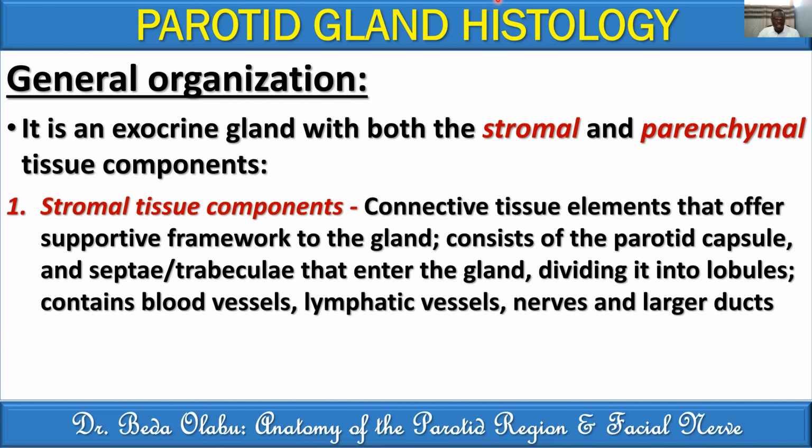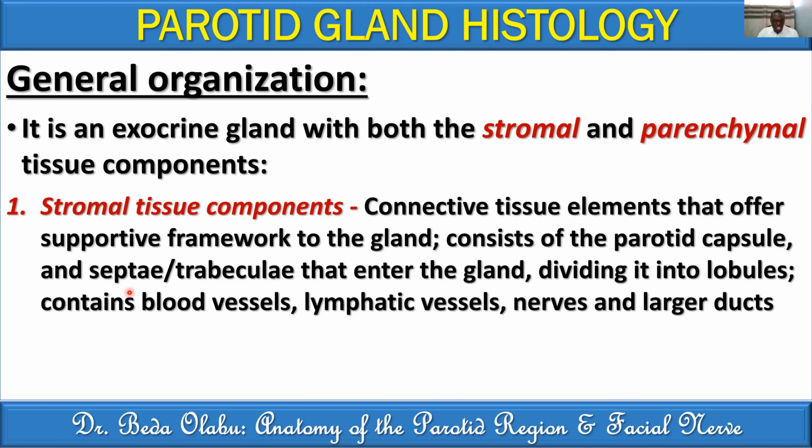But it's not limited to the fascia, it's not limited to the capsule. It also entails or involves the trabecular system within the gland. Now, the trabeculae are basically the connective tissue that splits the gland into multiple lobes or lobules.